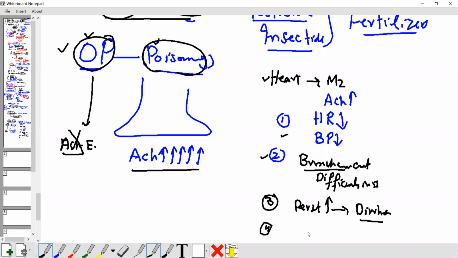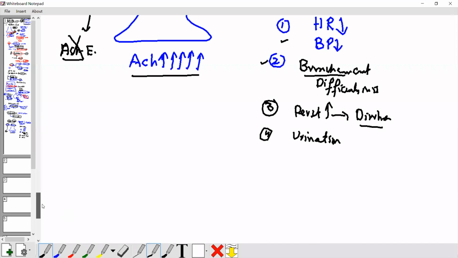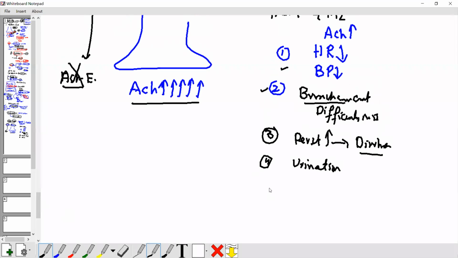Bladder contraction, so urination increases, micturition increases. What happens with the glands? M3 receptor in glands: watery eye, too much lacrimation. From the mouth, salivation. Full body, sweating.